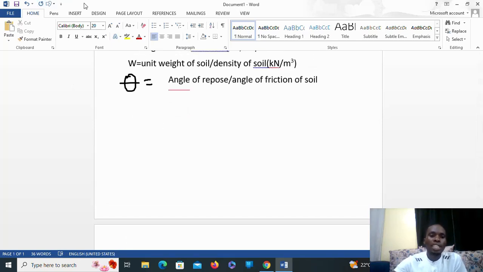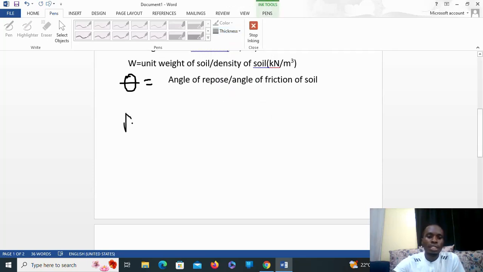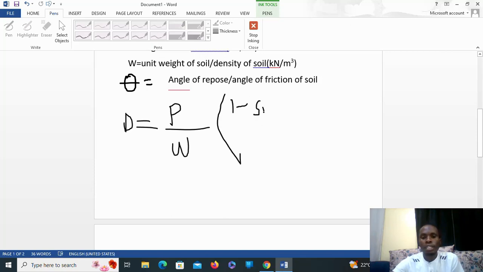From the formula given, the depth of foundation D will be given by P, the weight of the structure, divided by the density of the soil, times the bracket 1 minus sine theta divided by 1 plus sine theta, then you close the bracket and square.